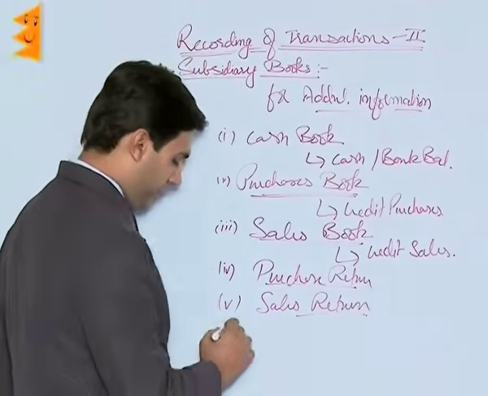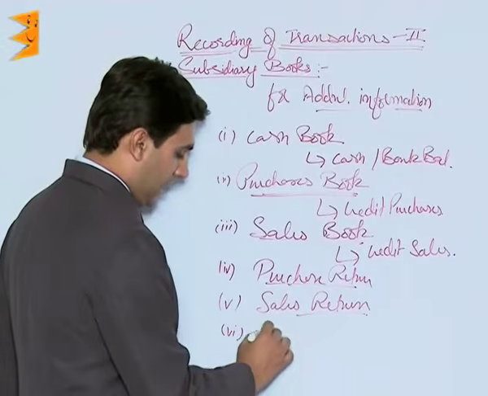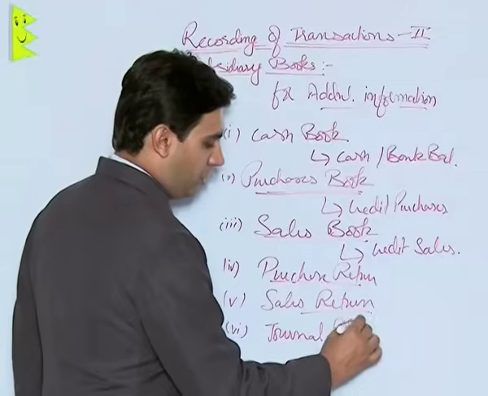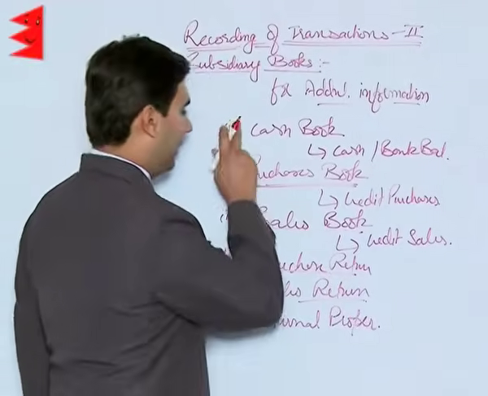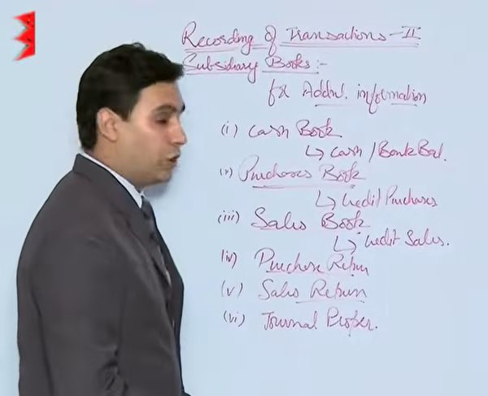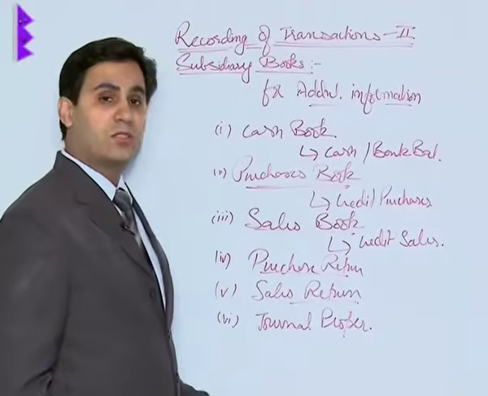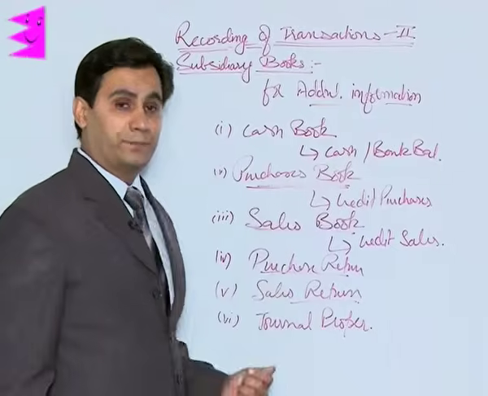And lastly, we have journal proper, that is used to record entries which are not recorded in any of these books. So now let us recall that cash book is used to record transactions of cash and bank.